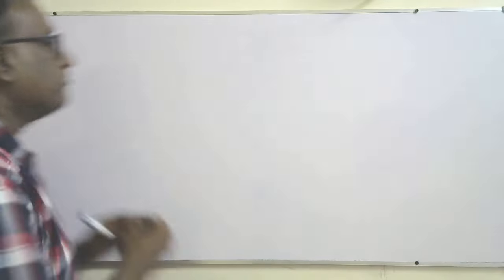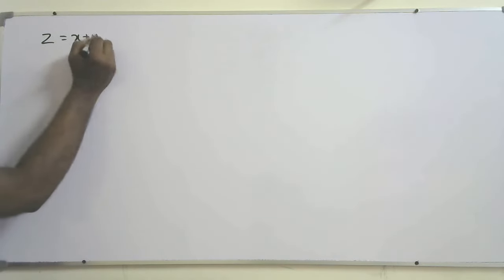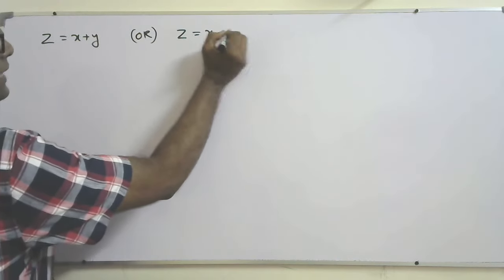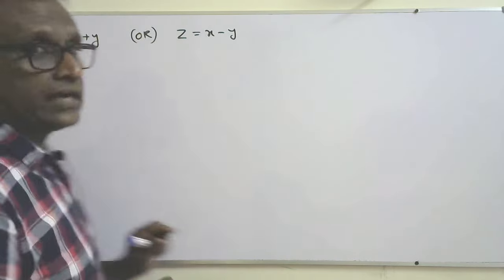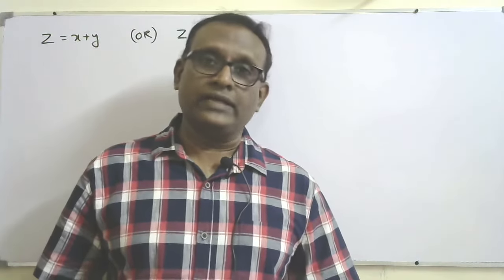So z is calculated by using x plus y, or z is calculated by using x minus y, where x and y are the measured quantities and z is the calculated quantity.